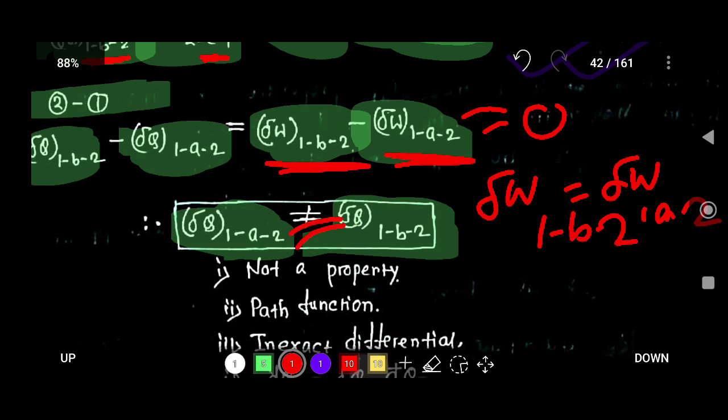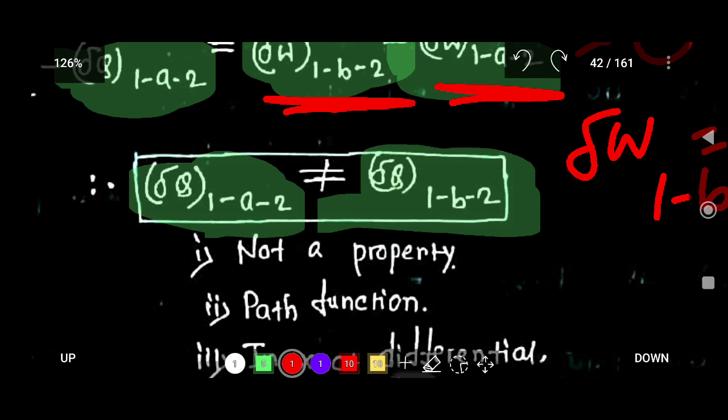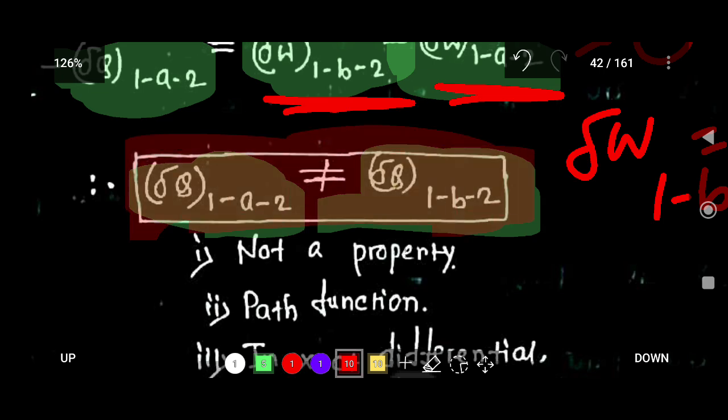But here it is not 0, so that is why they are not equal. So here del w1a2 is not equal to del w1b2.